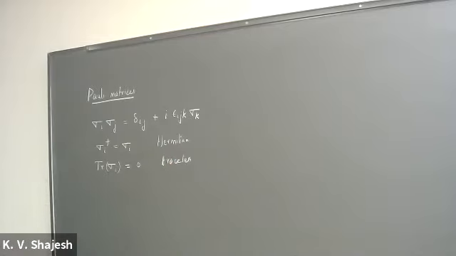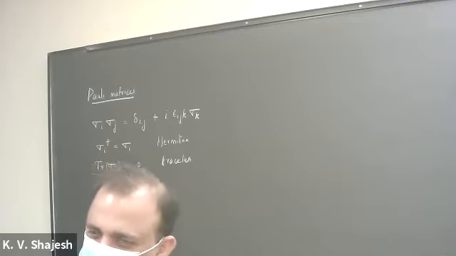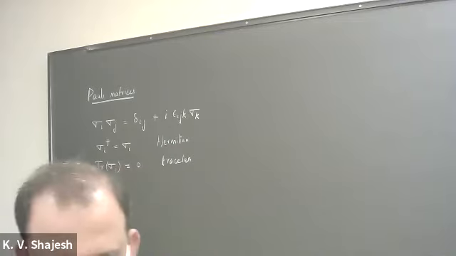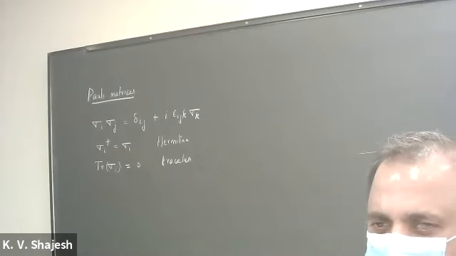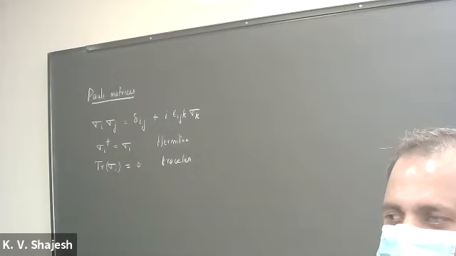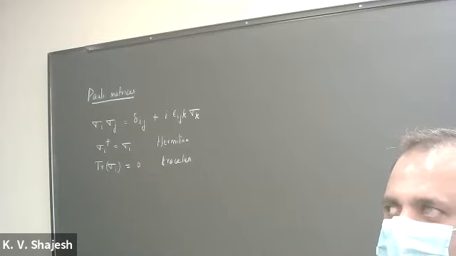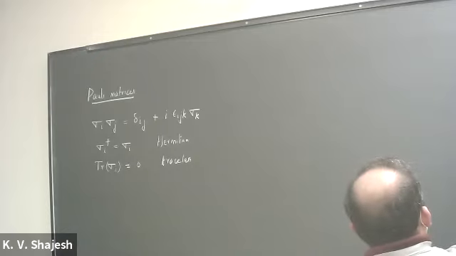And they're also unitary. What's a unitary matrix? What's the definition of a unitary matrix? U U dagger is the identity. That's one of them. Yeah, that's close enough.